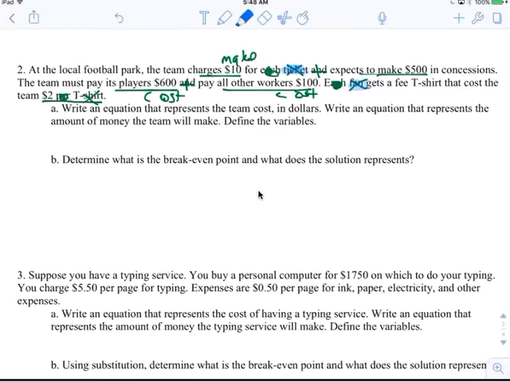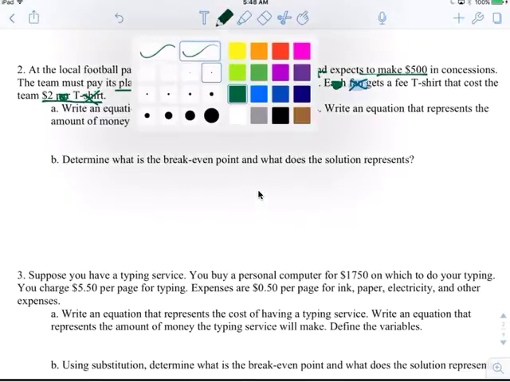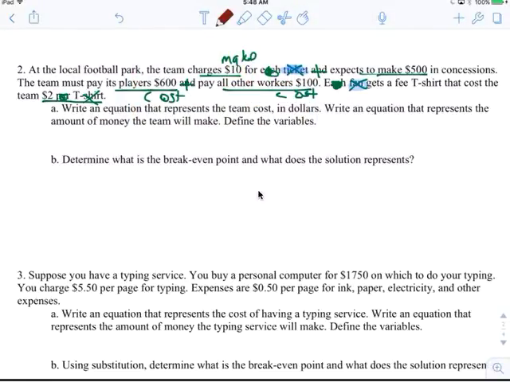So you have to have a ticket if you are a fan. So X is the number of people because each ticket comes with a person. Okay? And Y is the total cost.